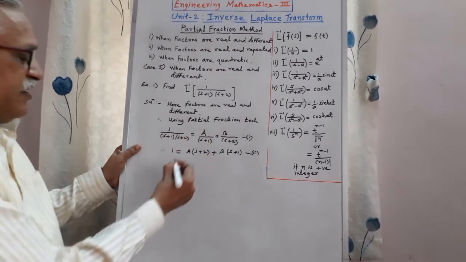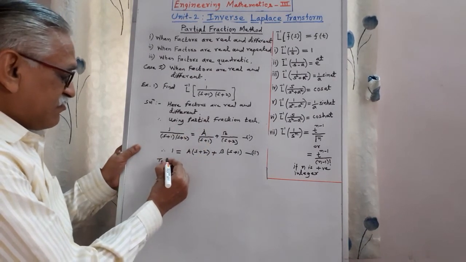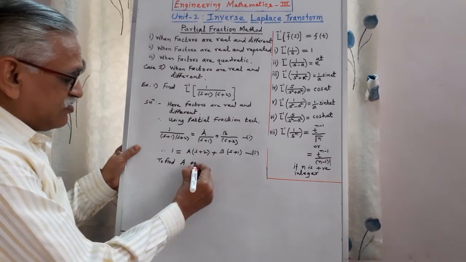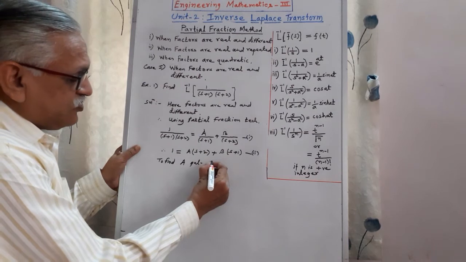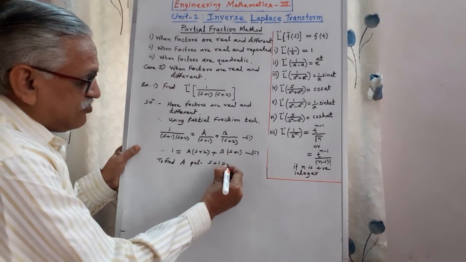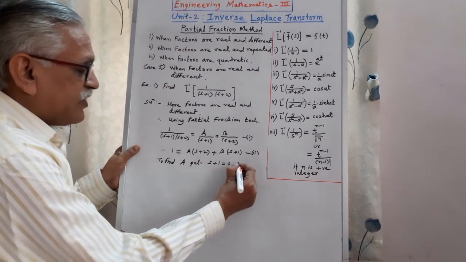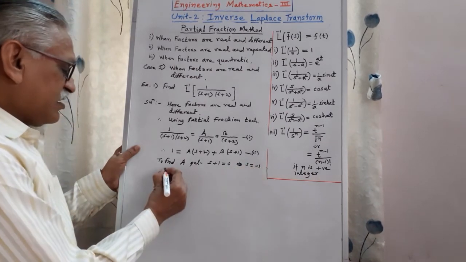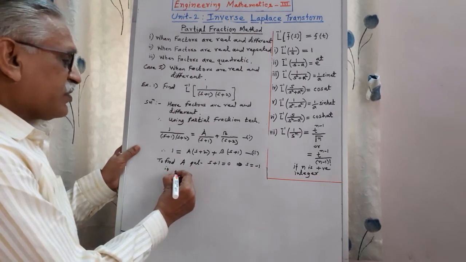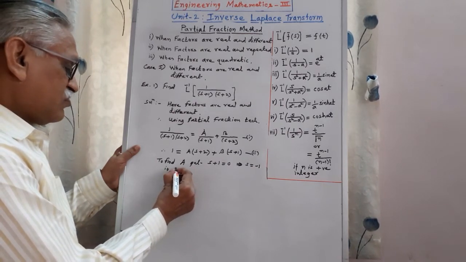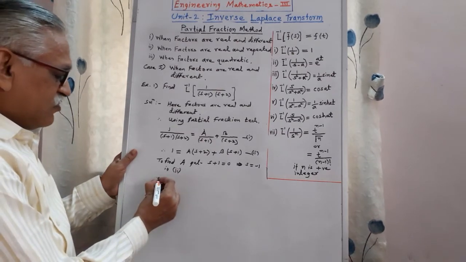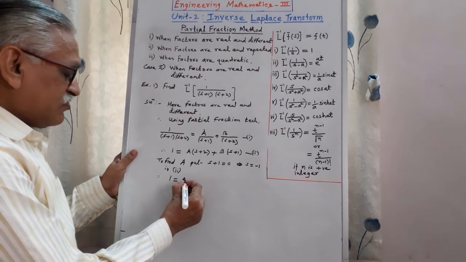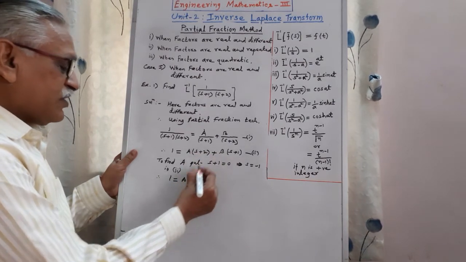And then to find A, put s plus 1 equals to 0, it implies s is equals to minus 1 in equation 2, and therefore we get 1 is equals to A into minus 1 plus 2.